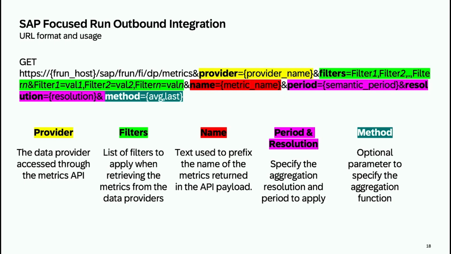You need to select the name of the provider. You need to provide some filters that you're going to use. You need to assign a name to a metric, and then you need to define a semantic period, like last 7 days, current 2 hours, and so on. And then an optional method for calculating the value.